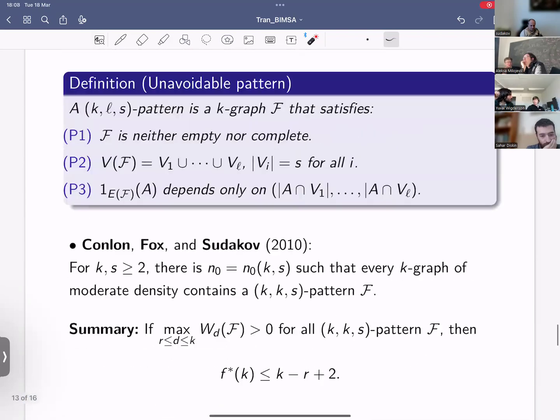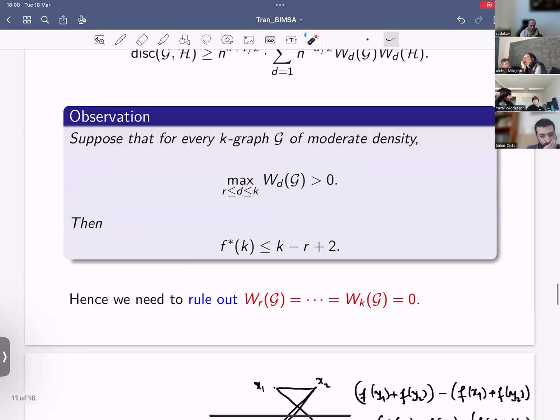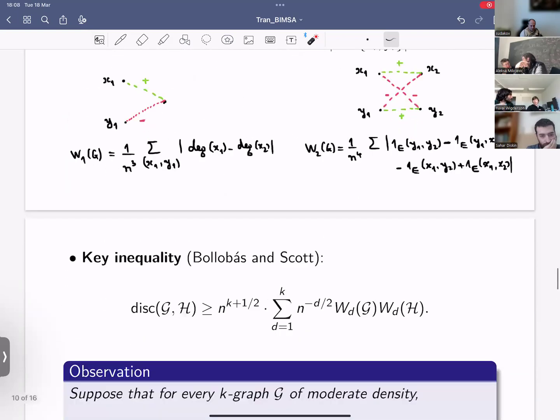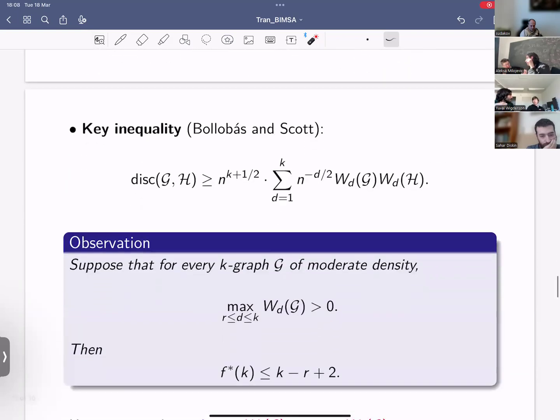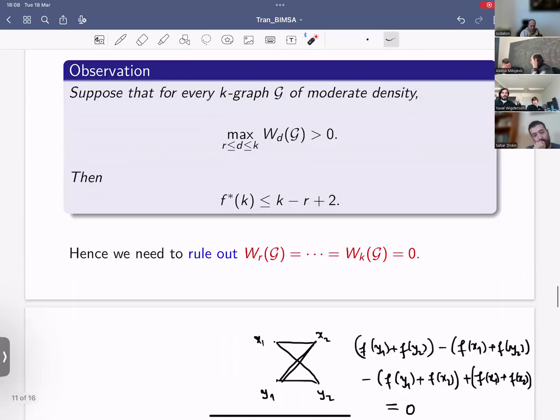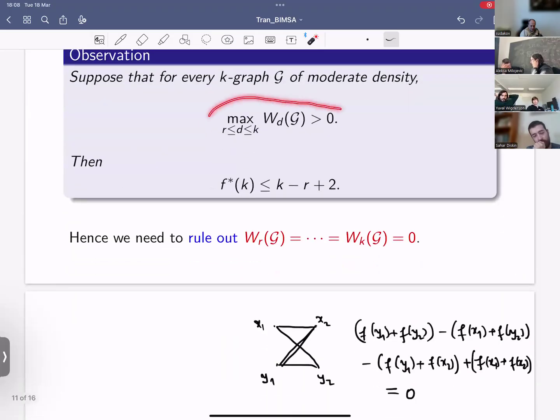So, for example, I can make a very quick comment. This inequality is good because in the worst case, if d is k, then this term is n to the (k plus 1) over 2. So this is good. But we need a robust version of this. Instead of bigger than 0, we need it to be bounded away from 0.